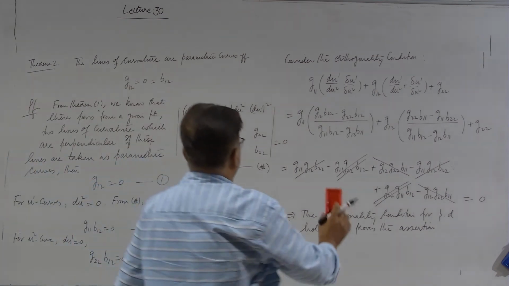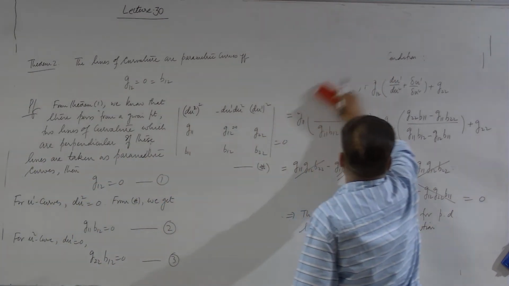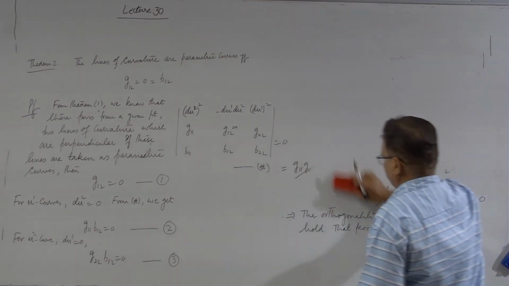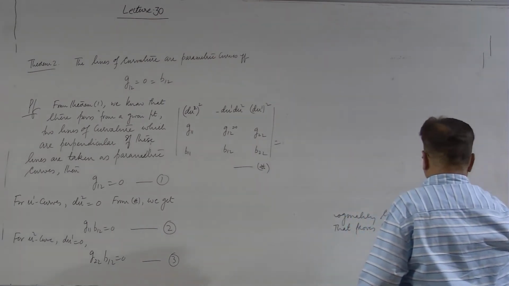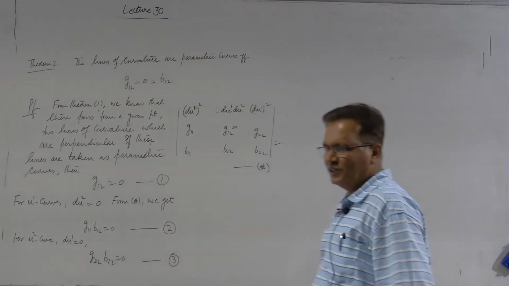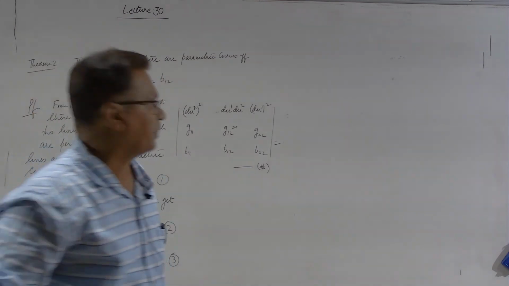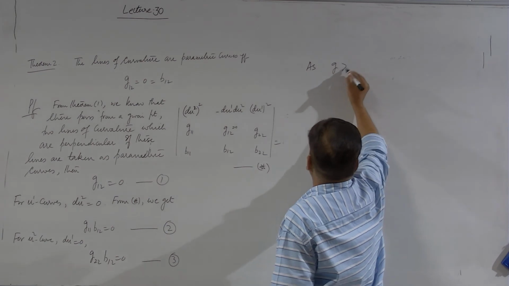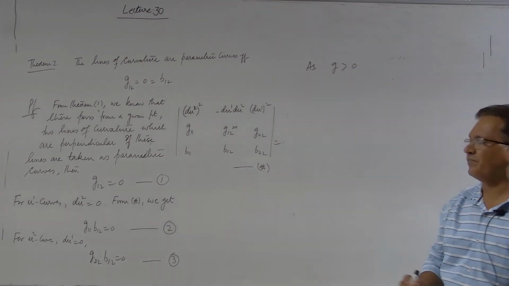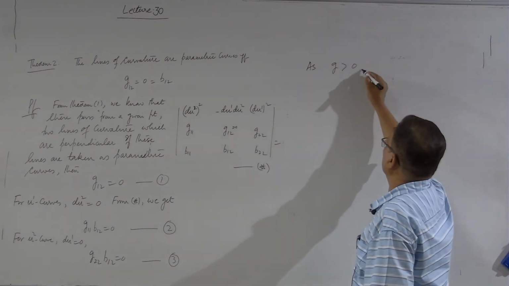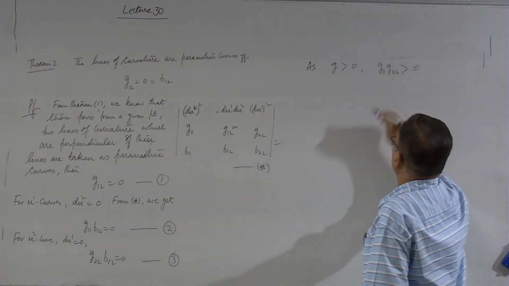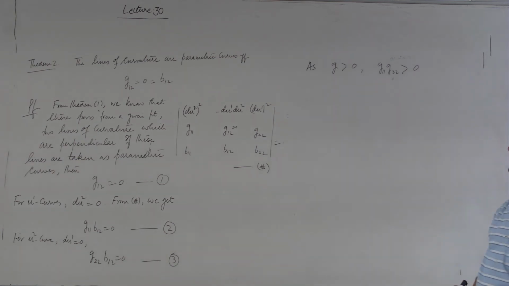Now, our surface is all the time assumed to be regular, and therefore, g cannot be 0. And this time g is simply g11 into g22. So, as g is positive on a regular surface, so what will happen? g11 into g22 will become positive, and this means neither g11 nor g22 is 0.